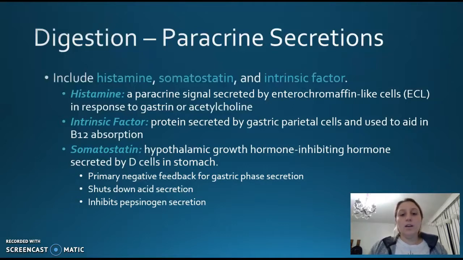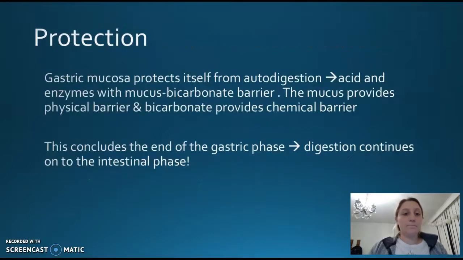Somatostatin is a hypothalamic growth hormone-inhibiting hormone that is secreted by D cells in the stomach. Its primary goal is negative feedback of gastric phase secretion, so it shuts down acid secretion and inhibits pepsinogen secretion. Somatostatin generally acts toward the end of the gastric phase so the chyme is prepared to go into the intestines, as the intestines are not as acidic as the stomach.